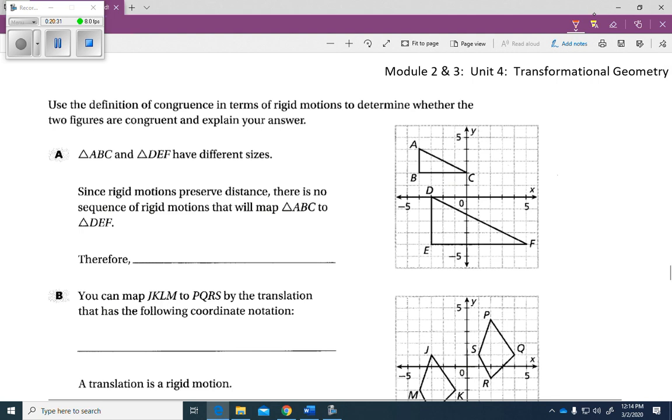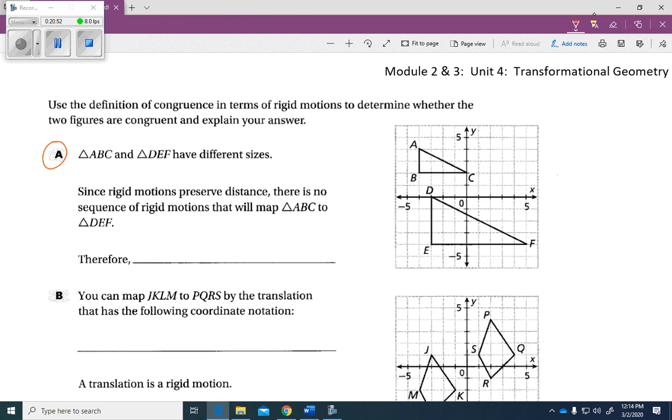Again, I'm using some rigid motions, which, they're not all rigid motions actually, I can tell just from looking at part A. Rigid motions keep the same size.